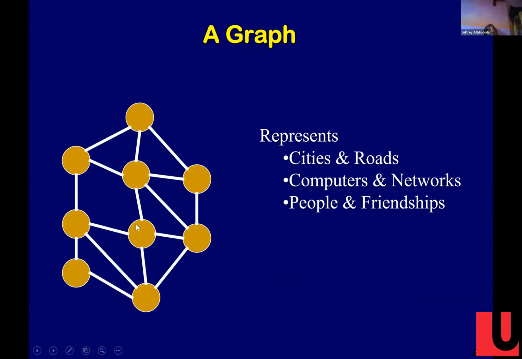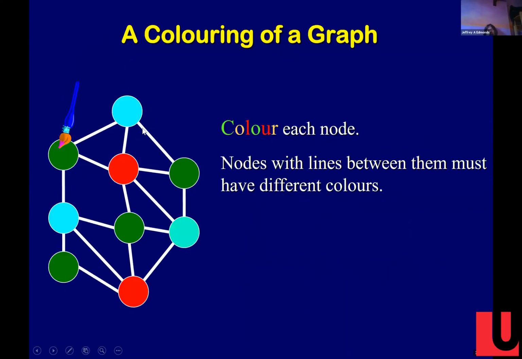All right, so here's a different problem. We have a graph. Graphs are nodes with edges between them. They might be cities and roads, or they might be people and the friendship network. They might be computers and wires between them. And what we want to do is find what is called a bichromatic coloring. What does that mean? It means you color every node with as few colors as possible.